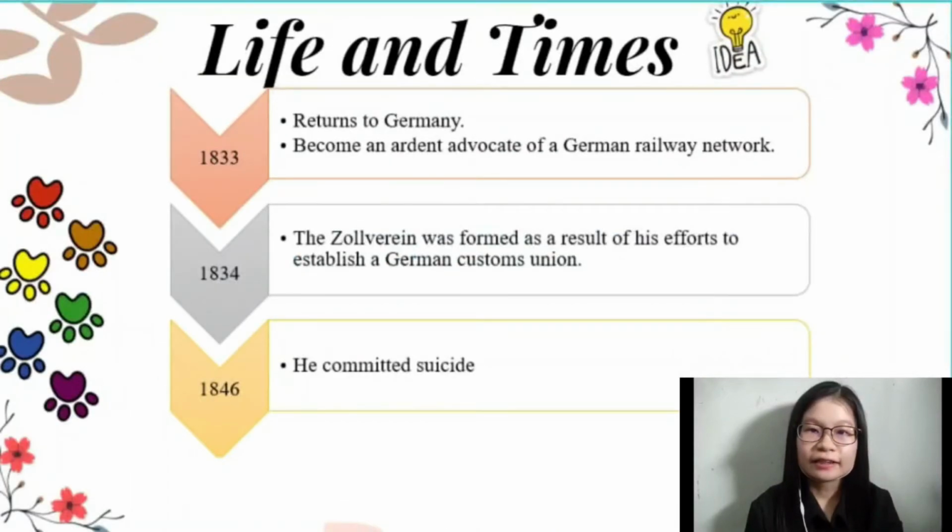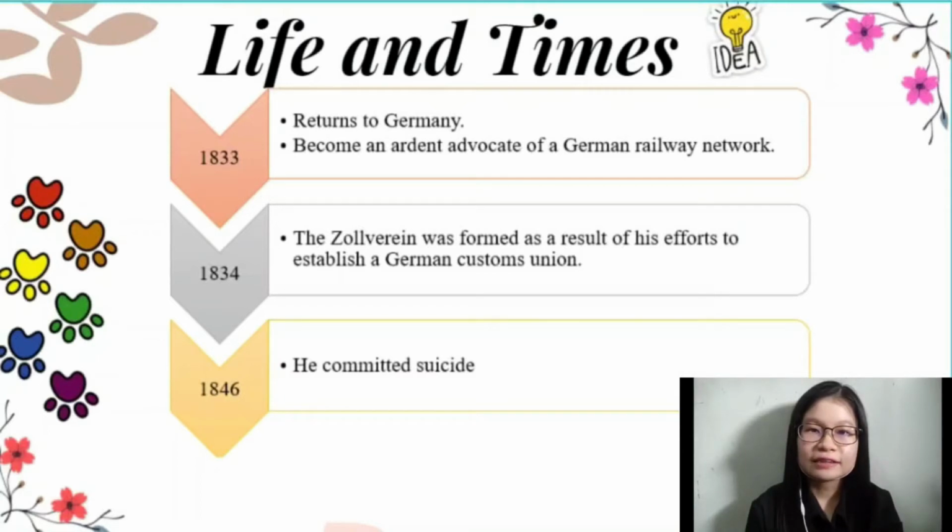Next, in the year 1833, Friedrich List returned to Germany and became an ardent advocate of a German railway network. Later, railway lines in Germany closely followed his depiction in a pamphlet. After that, in the year 1834, the Zollverein was formed as a result of his efforts to establish a German customs union.